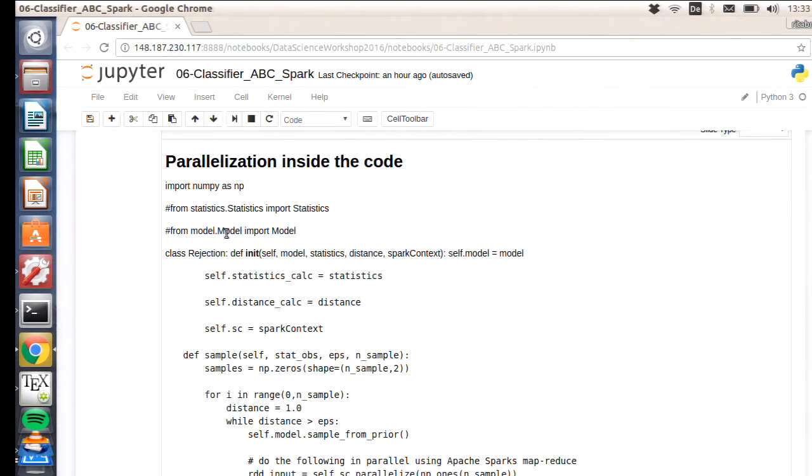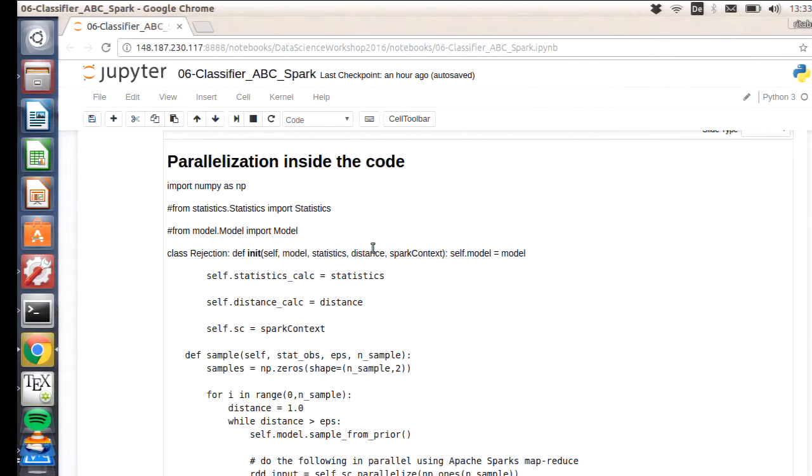So this is the code for the rejection sampler. It takes the statistics function, which was the polynomial we fed into it, and then the distance, which was the logistic regression, and the Spark context. That's crucial here. We feed in the Spark context which you already created.